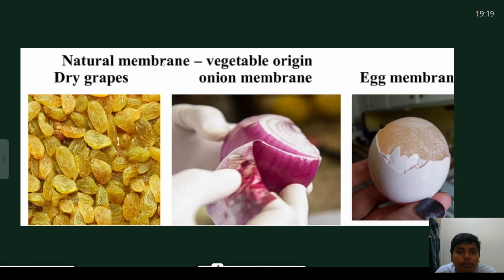One is natural membrane, which we see in vegetable origin, like the raisin layer. Egg also: if you break an egg very carefully, you see there is a membrane. This is nothing but a semi-permeable membrane, which water can pass through. Similarly the onion membrane; these are all natural semi-permeable membranes.